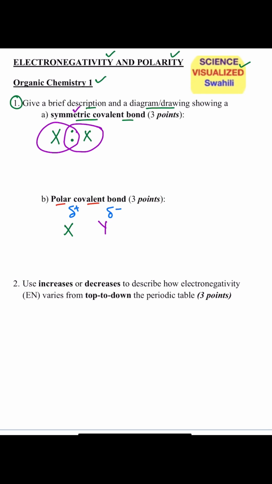Then the bonding or shared electrons will be more closely attracted towards the more electronegative element, which is Y in this case, and therefore the electrons will be closer to Y than X, and therefore X has a partial positive. And you can also use dipoles to show electronegativity, where the head faces the partial negative, and then the tail, you cross it to look like a plus, faces the partial positive.